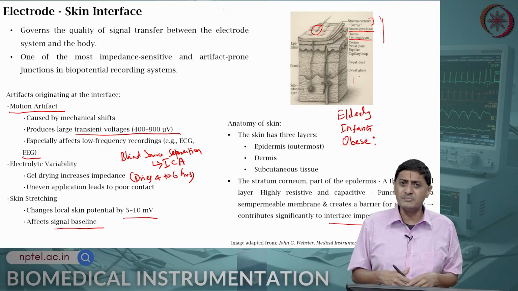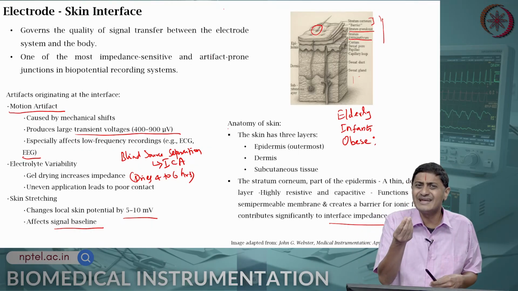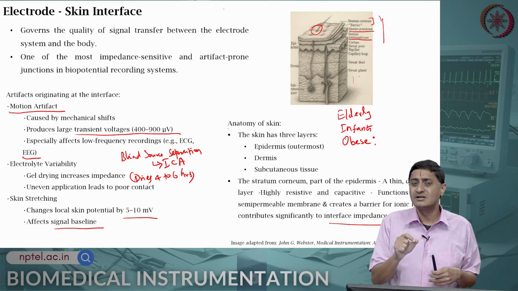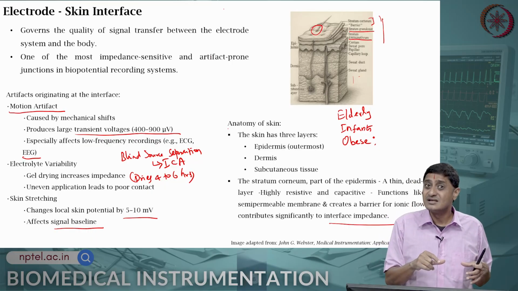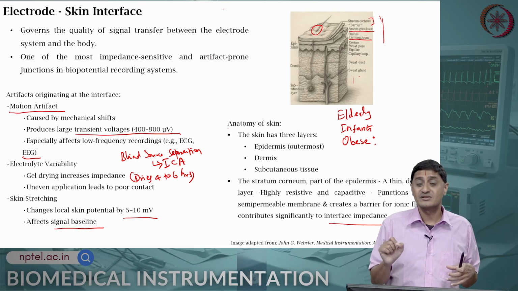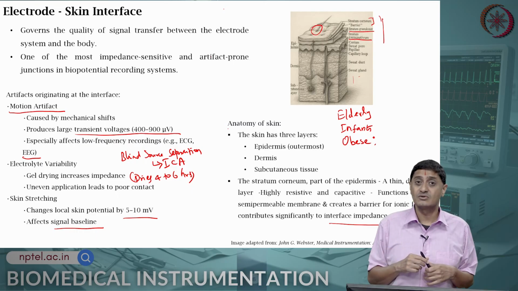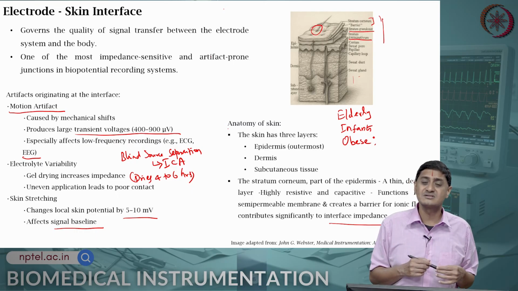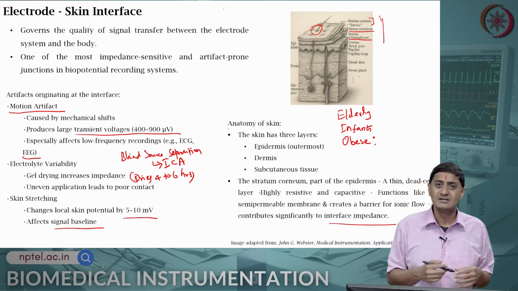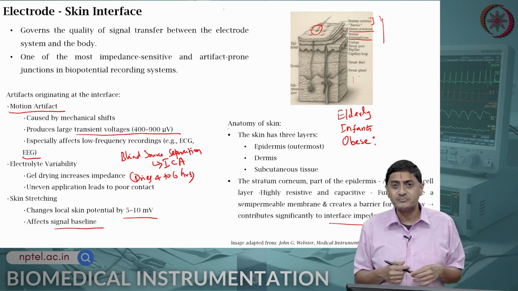Same with elderly, older people, they will have more skin that is loose and not so tight, and it is very difficult to apply an electrode to that. Whereas in infants, if you apply the regular electrode, it might cause marks or wounds for the baby. Neonates means those babies whose age is less than 4 weeks old, for example.